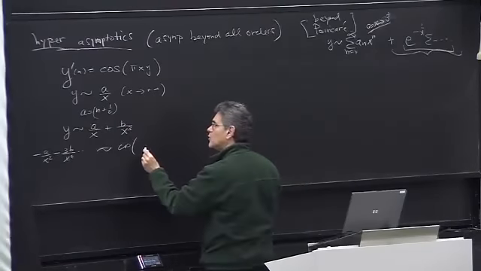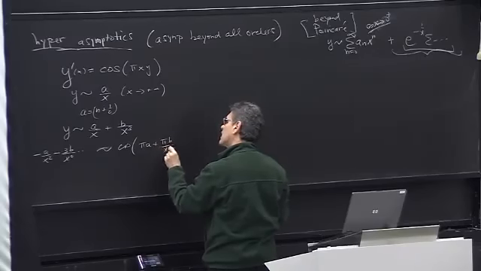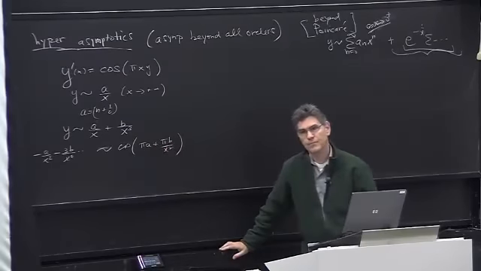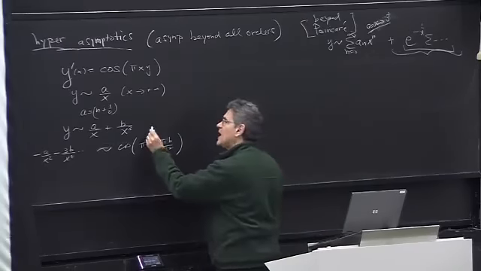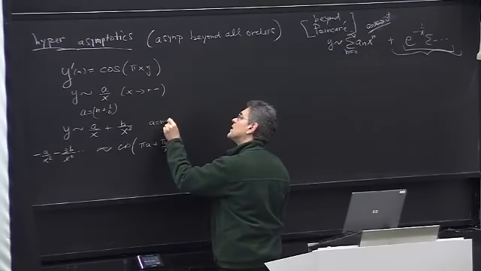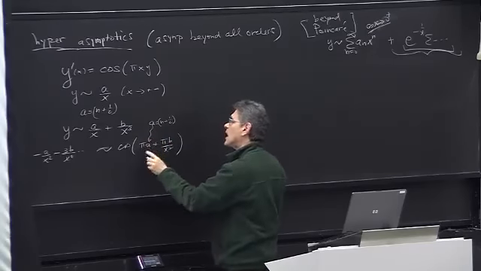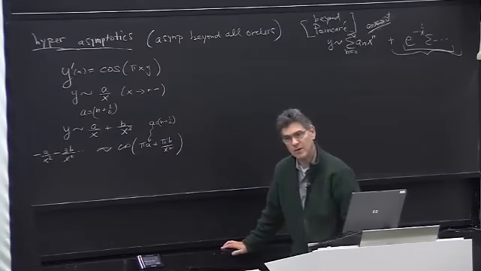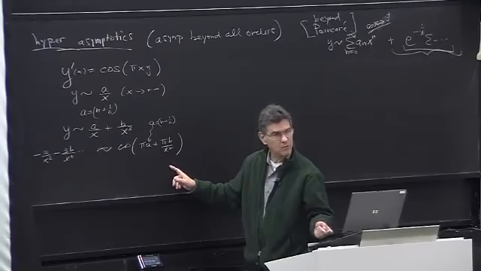Pi xy would be pi a plus pi b over x squared. But if a is n plus 1/2, and I plug that in here, I would have pi times n plus 1/2. So I know what cosine of a plus b is.